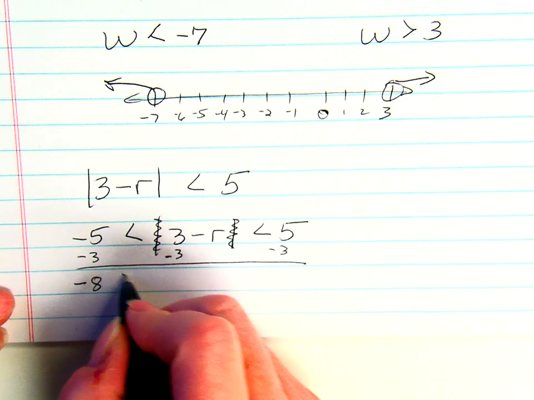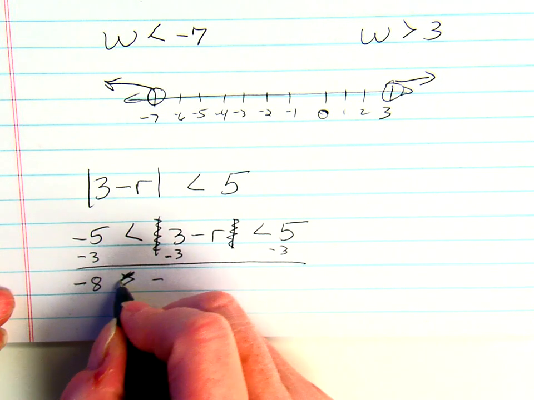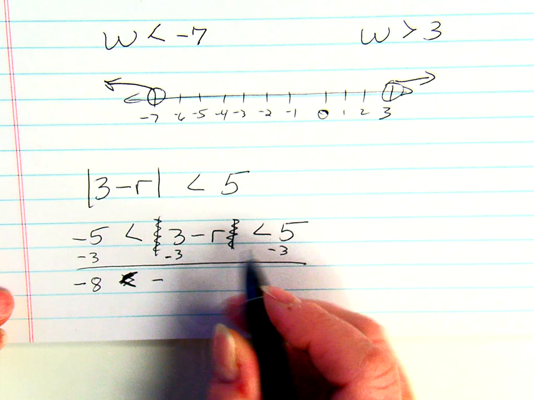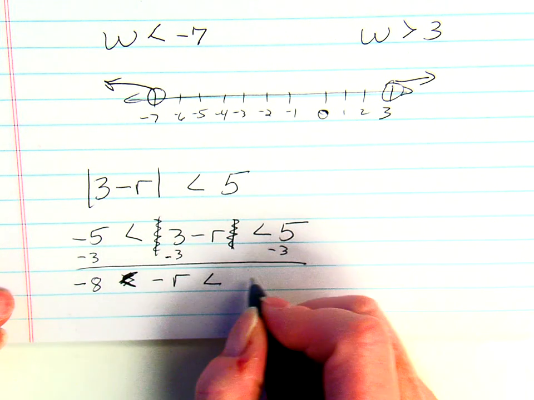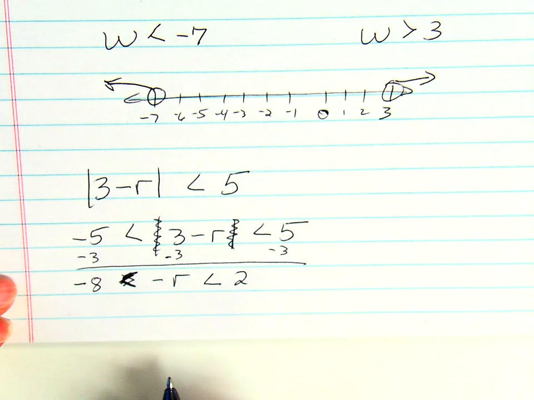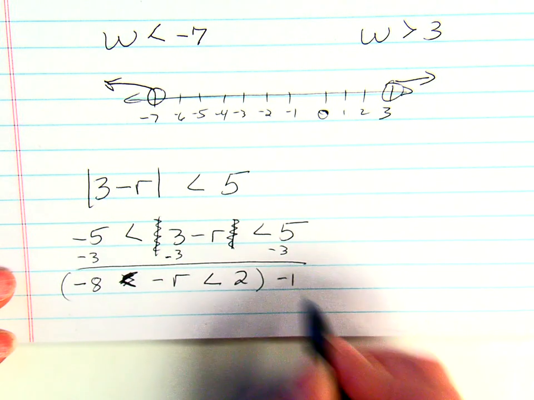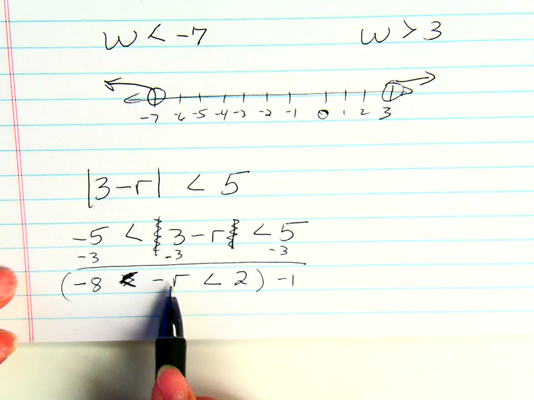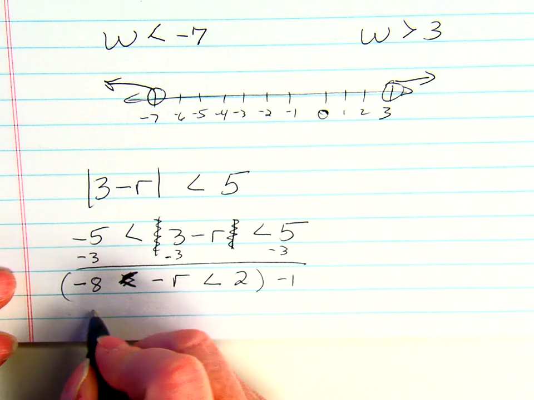This is going to give me -8 less than, I'm jumping the gun and I apologize, -R. I know what I'm going to do next. I'm going to multiply everything times -1 because notice I have a negative variable.